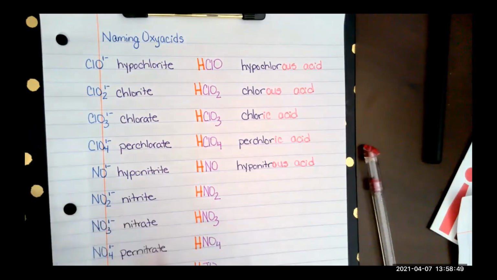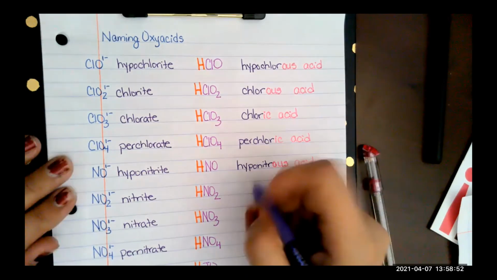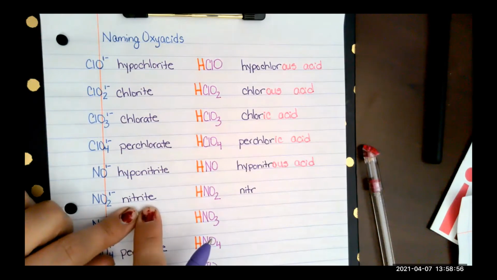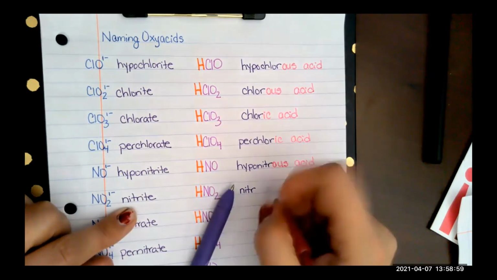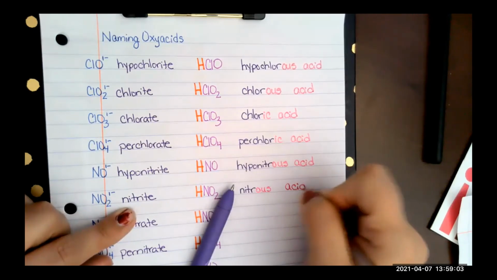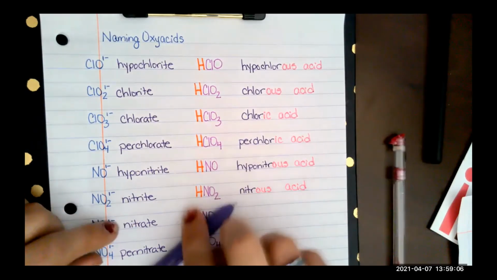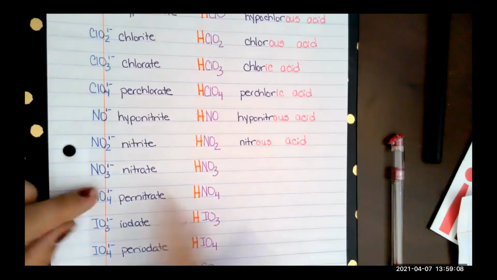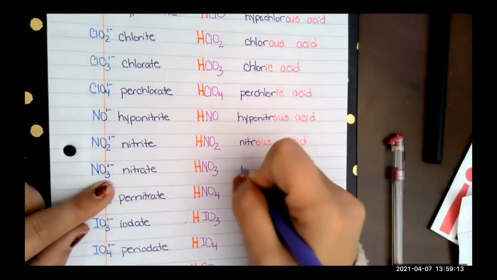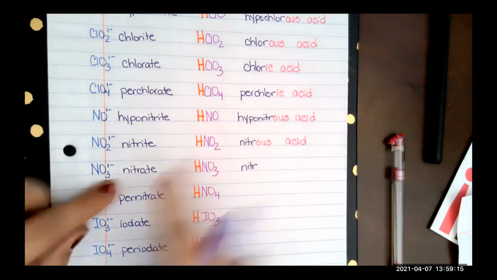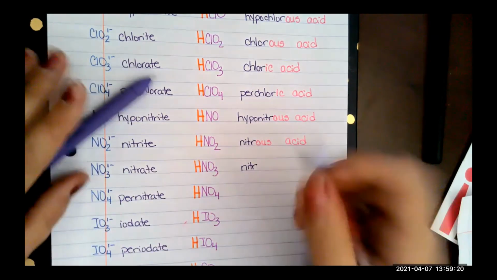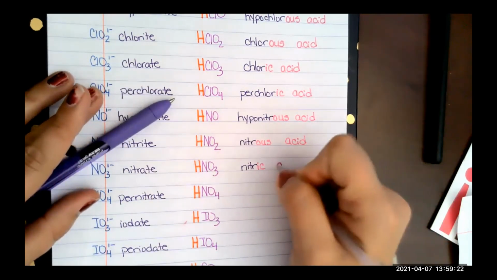For nitrite, you write everything up to the ite, so it's N-I-T-R. Instead of ite, you write O-U-S, so nitrous acid. For nitrate, you write everything up to the ate, so N-I-T-R, but instead of ate, you take that ate off, you add an I-C ending, so it becomes nitric acid.